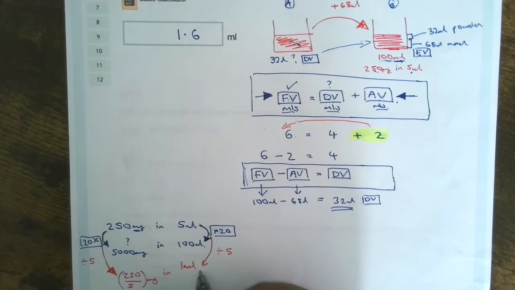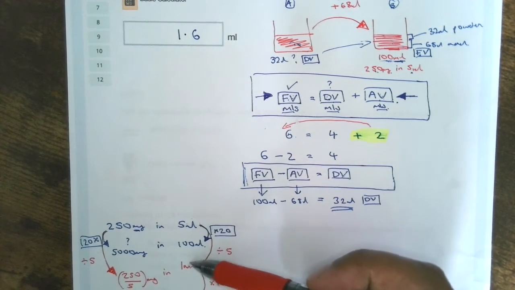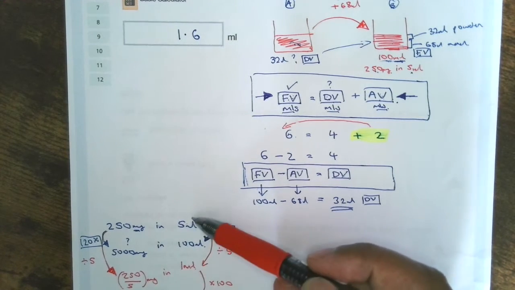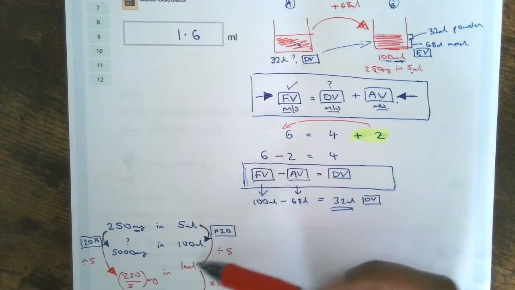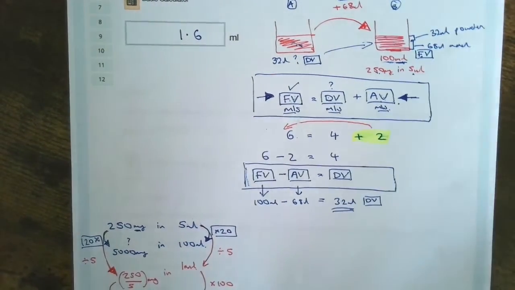Now to go from 1 mil to 100 mil, you have to times by 100. So we're building it back up to 100 mil. Do you see what we did? We went from 5 mil to 1 mil, and 1 mil to 100 mil, because it's easy to do that. You divide this number always by itself to break it down to 1 unit. So if we're timesing this side by 100, we're going to times that side by 100.